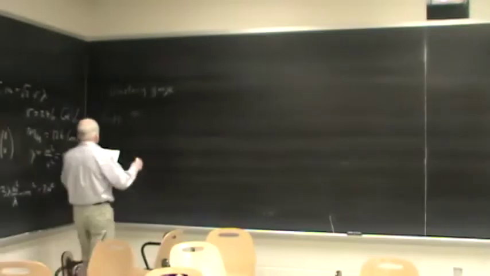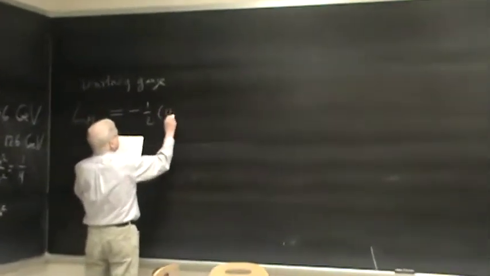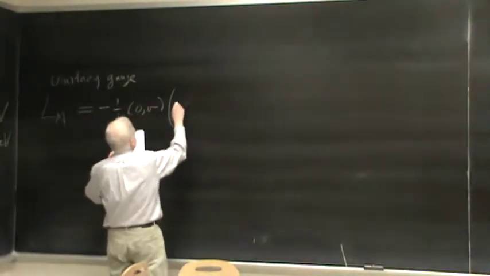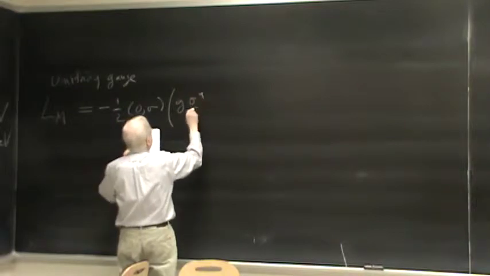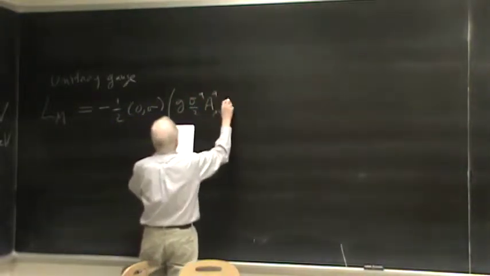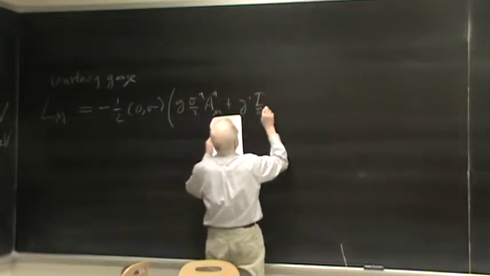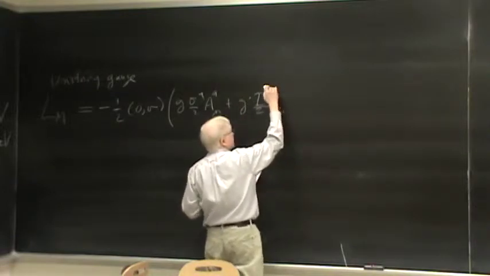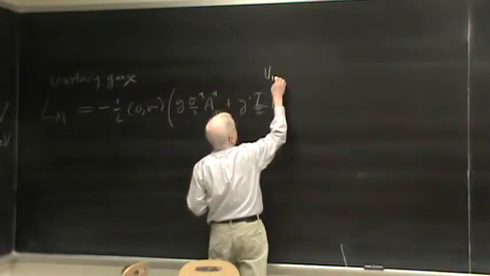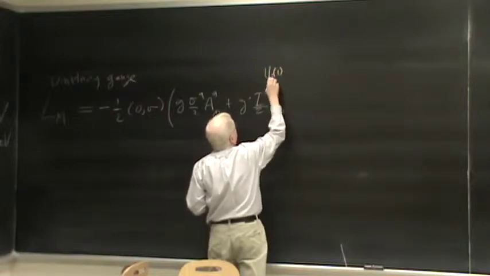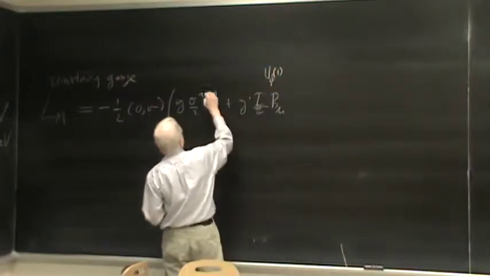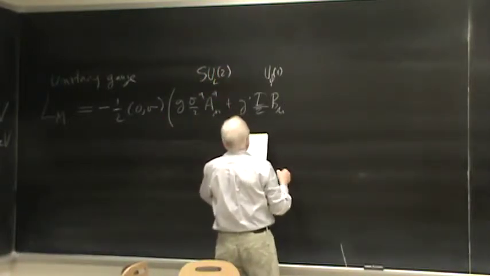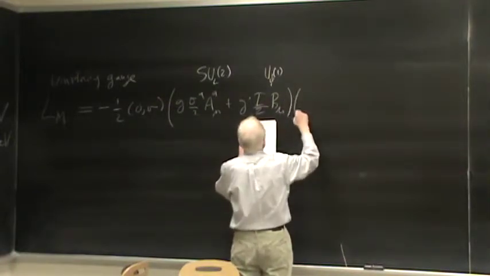So pulling out the root 2's, what we have is minus a half 0 v, and now this is g sigma a over 2 A_a mu plus g prime I over 2 B mu. So this is the gauge field for the U1, and we call it U1 of hypercharge, and these are the gauge fields for SU2 left. It doesn't know it's left in this expression.